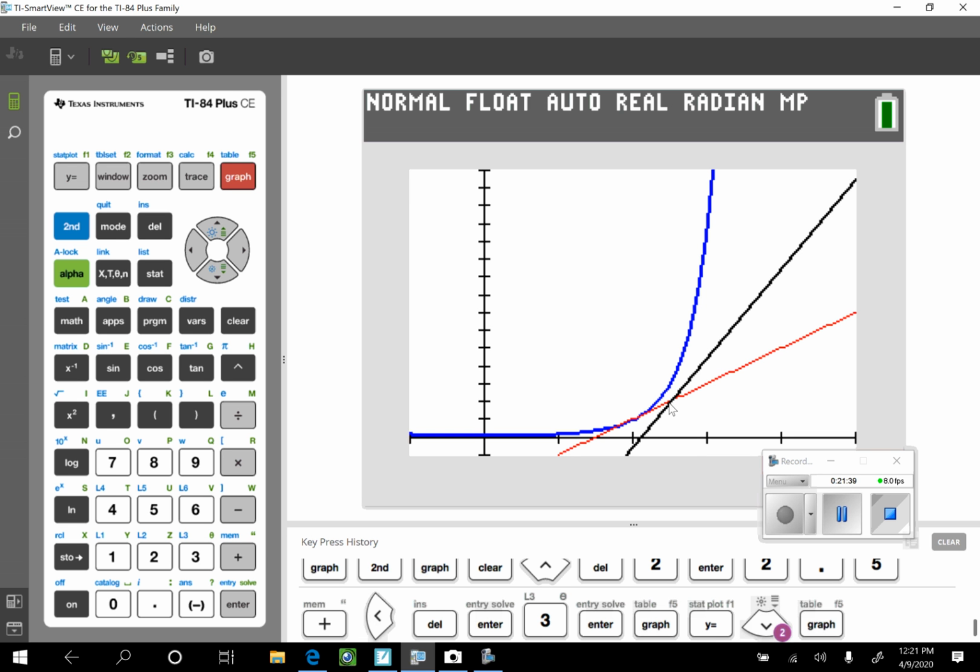And what did I do at that point? At that point, I created another tangent line using the same differential equation, and then I went up to 3. So this value right here of the second tangent line is 4.5, and this guy right here is 12.3.